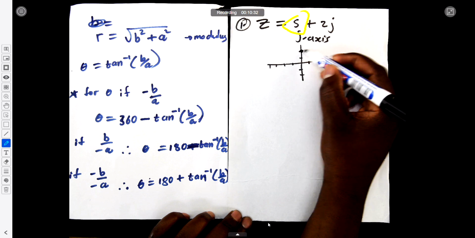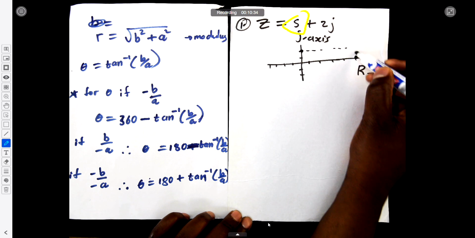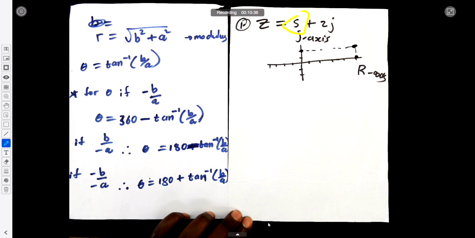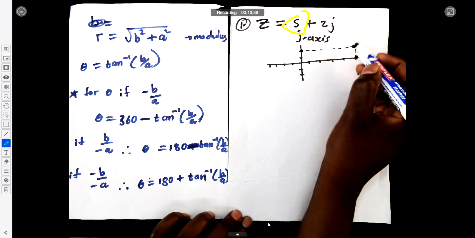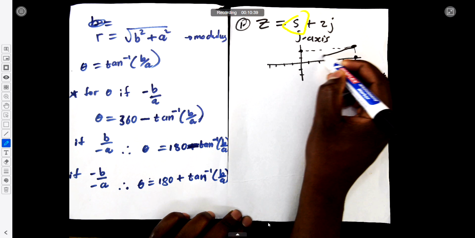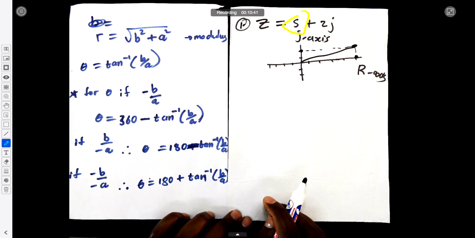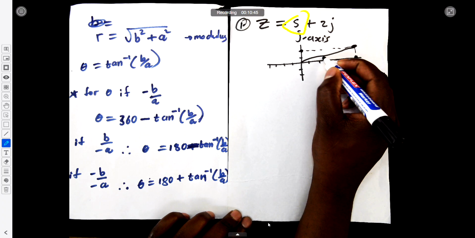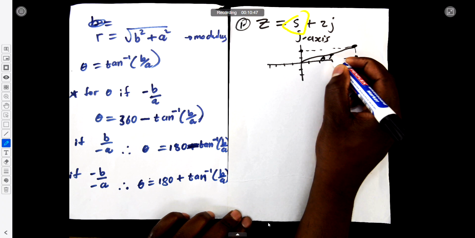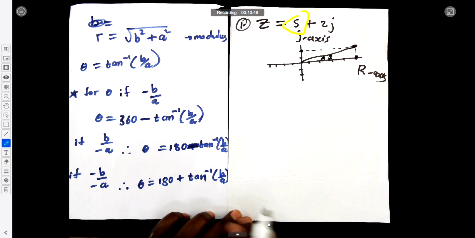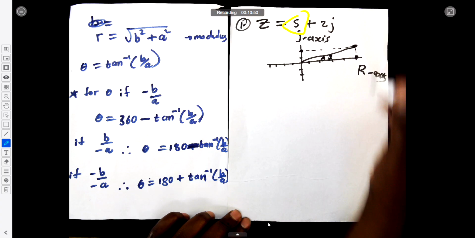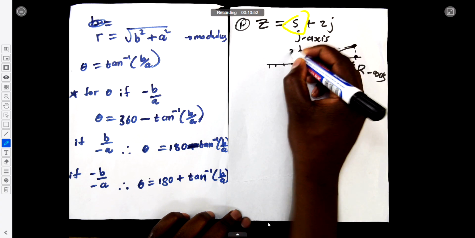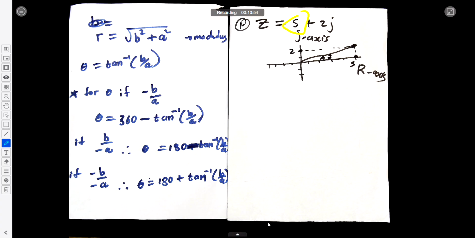A horizontal line and a vertical line bisect at a point, the coordinate of your A and B. Subtend a line to point O, and we'll have angle theta there. So you have represented a complex number on an Argand diagram.